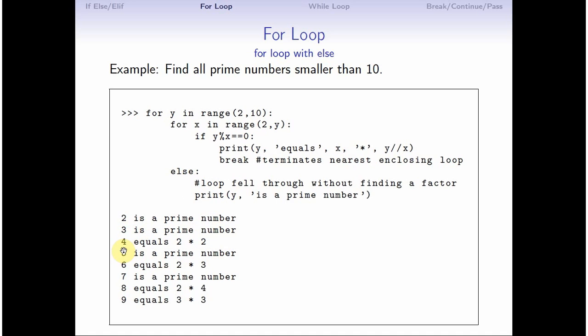Okay, let's see number 4. Same thing, 2 to 4. 4 modulo 2. So 4 divided by 2 will give you the remainder of 0, correct?